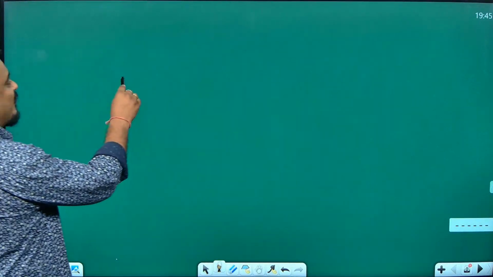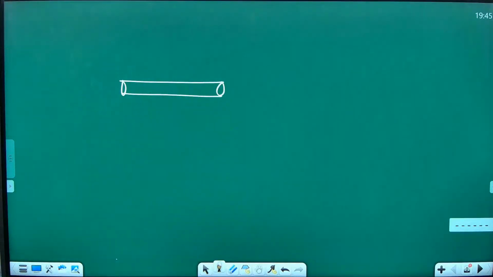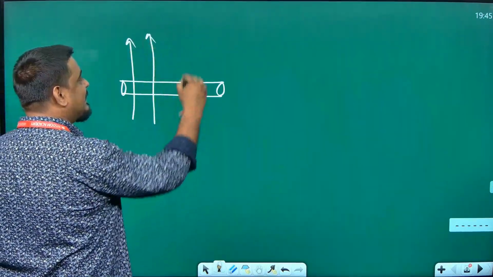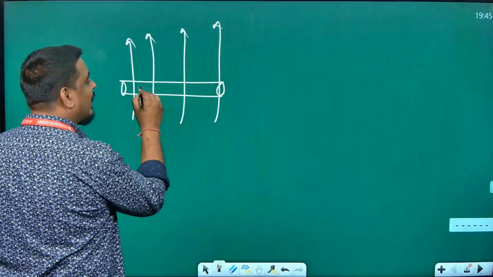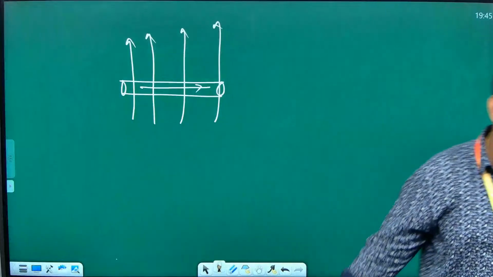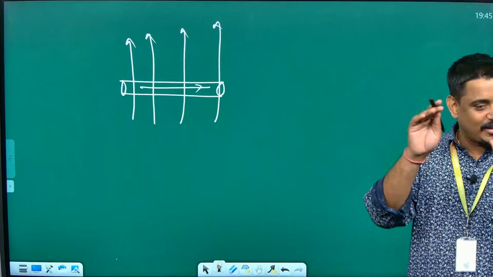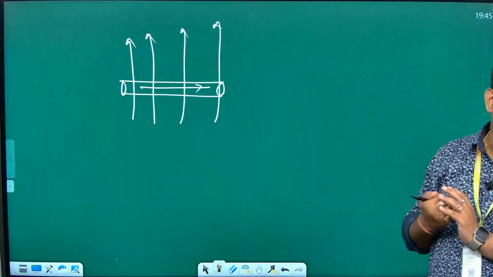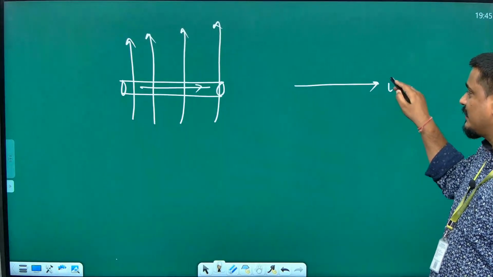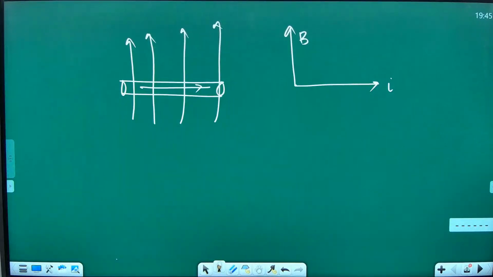What we did, as told by Mr. Sharan Ram: when you are keeping a current carrying conductor in a uniform magnetic field, the magnetic field was acting in the y direction and the current in the x direction. I took a conductor carrying current towards the right hand side, the x direction, and the magnetic field in the y direction.